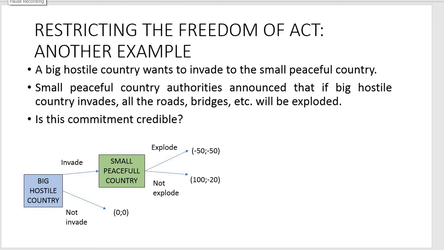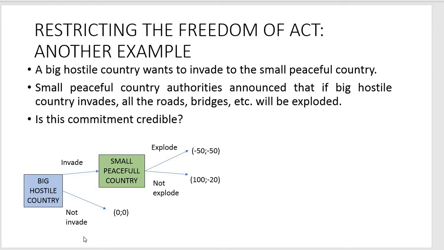Okay, here is another example of how restricting freedom of action makes commitments more reliable, and this is something we discussed at the very beginning, but based on a slightly different example. Okay, so assume that a big hostile country can choose between invading a small peaceful country or not invading at all.